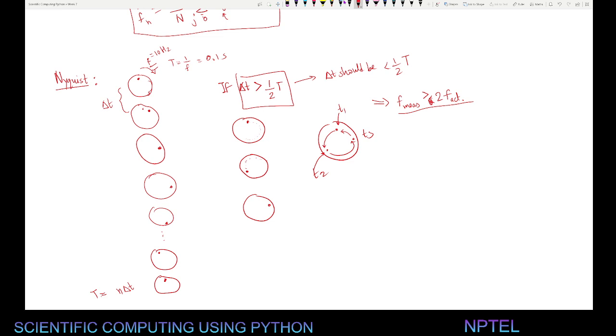And this is the statement of the Nyquist theorem. The way the professor has written it, it is h is equal to lambda mean by 2. So lambda mean is like the time period, and h is like our delta t. If lambda mean is something, then the h that we need to take has to be at least lambda mean by 2.